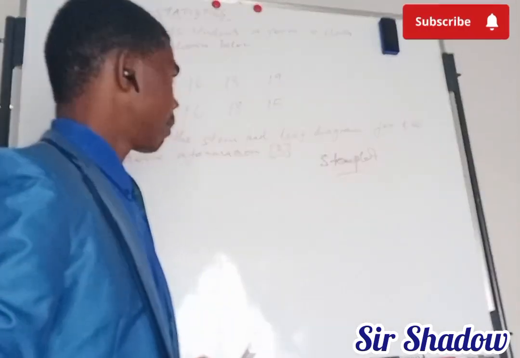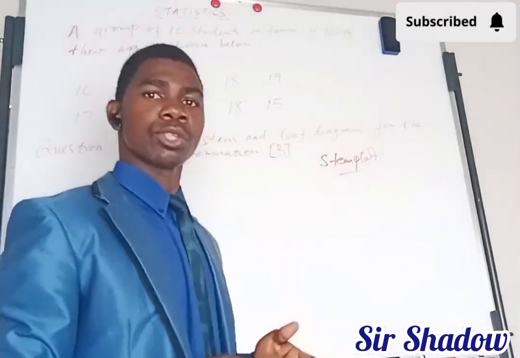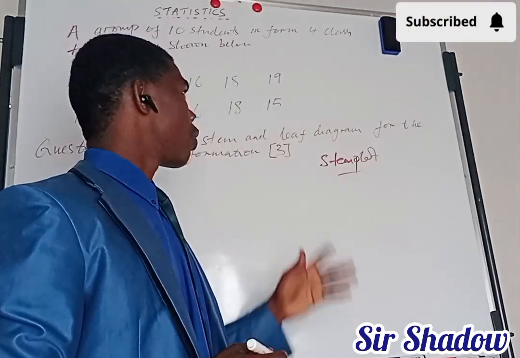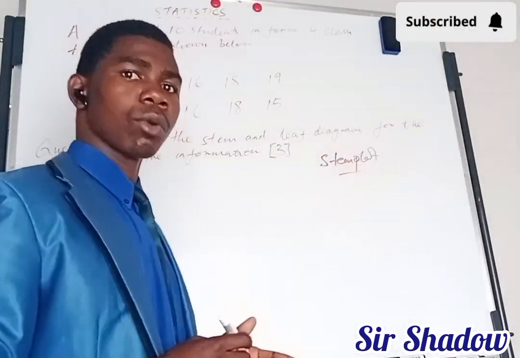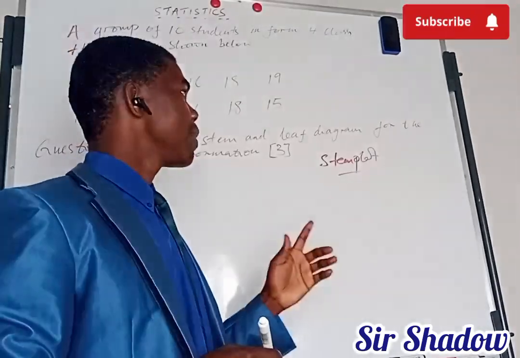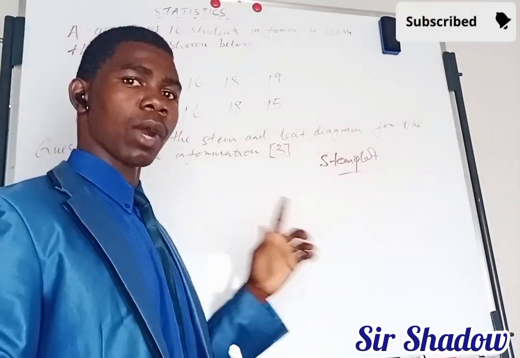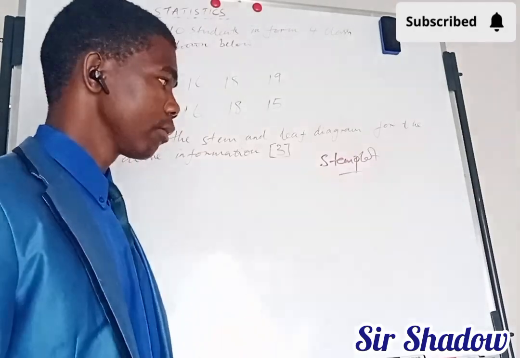Stem and leaf diagram is same as stem plot, so don't be confused by these two. You may be asked to construct the stem plot, or sometimes we may be asked to represent the data on a stem and leaf diagram. It's one and the same thing.